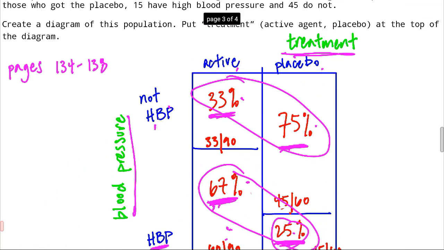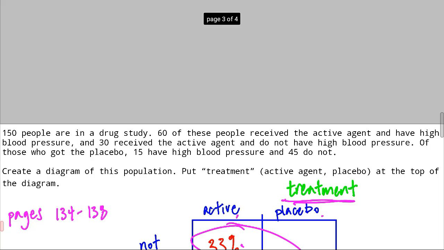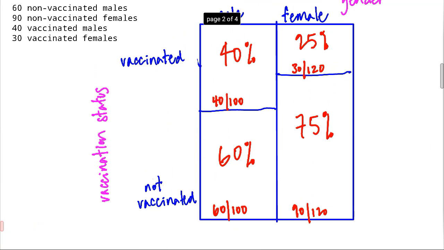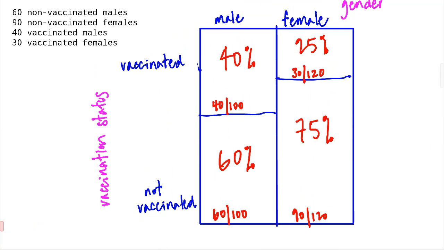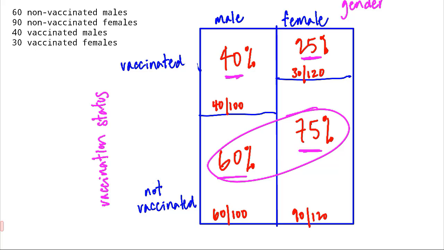Okay, then just to finish, I'm not going to write it all out, but this other population that we looked at in a previous video. So again, if we're interested in the difference in proportions, we're going to be looking at the 60% and the 75%, these two, and the 40% and the 25%, these two.